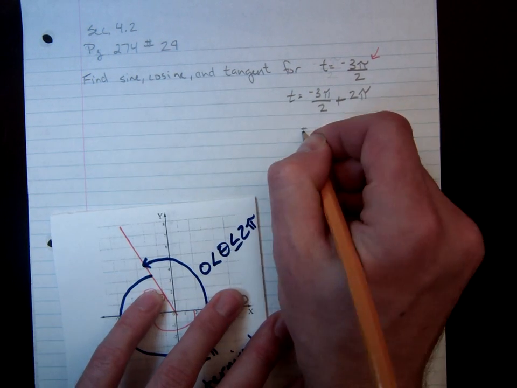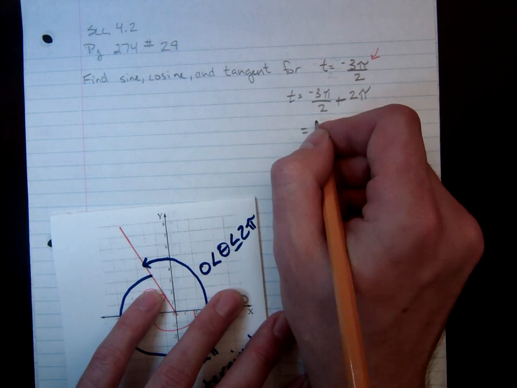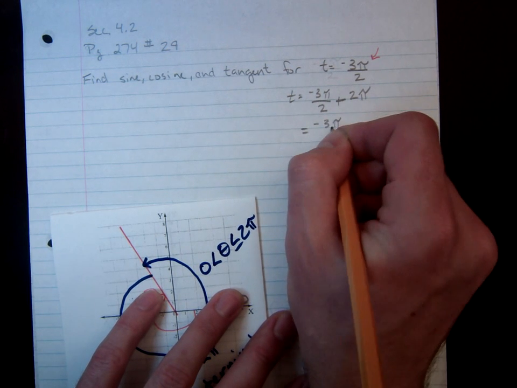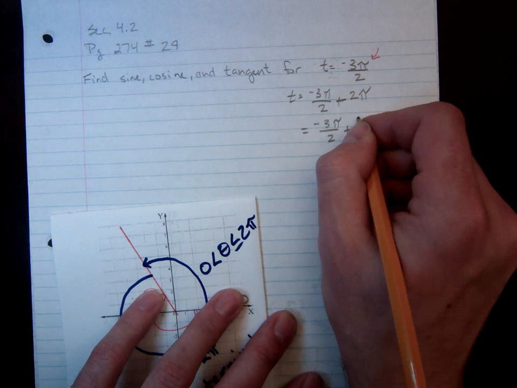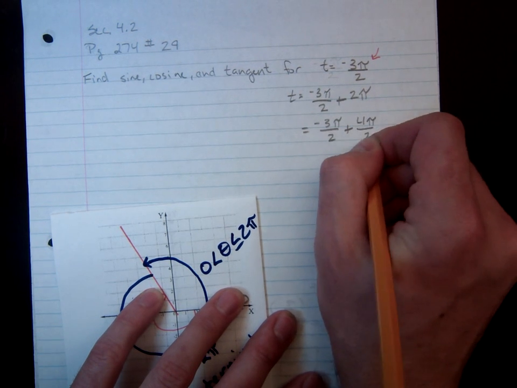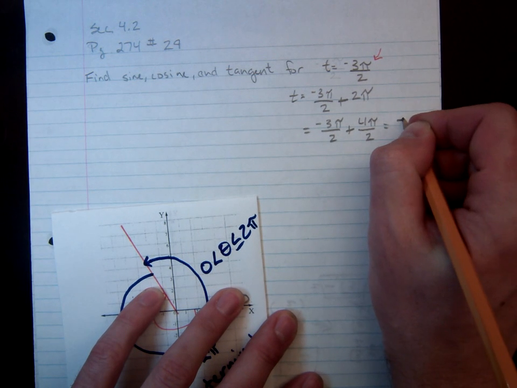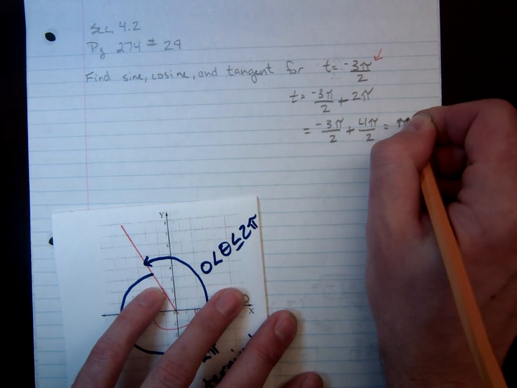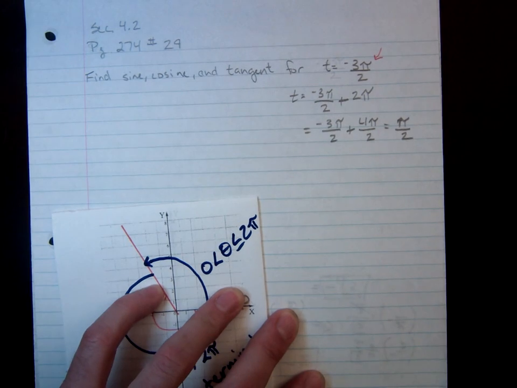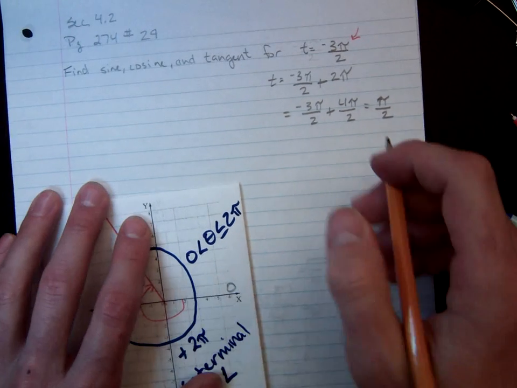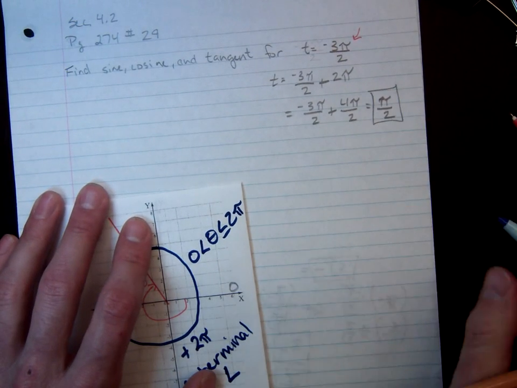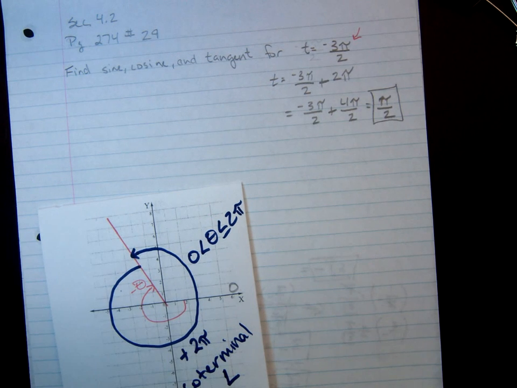Okay, so I'm going to rewrite that. I need a common denominator here, and I get negative 3 pi over 2 plus 4 pi over 2. Okay, we add those up, and we're going to find that that's the same as, I'm sorry, positive pi over 2.